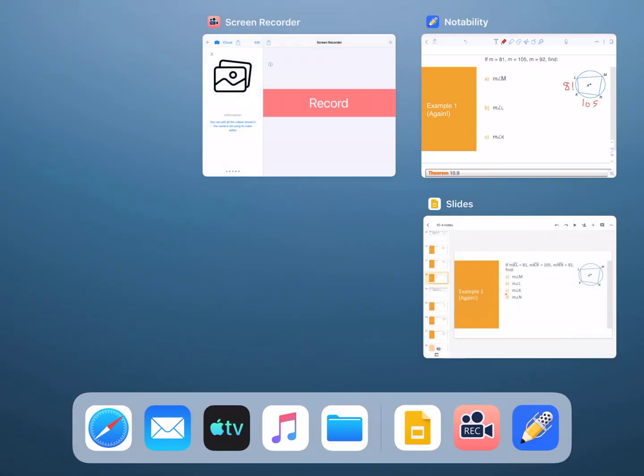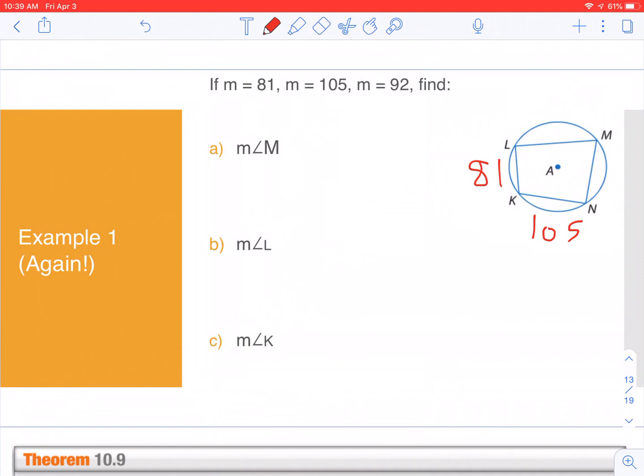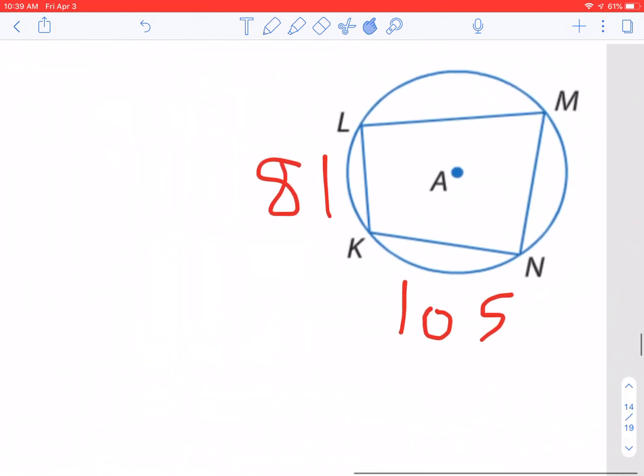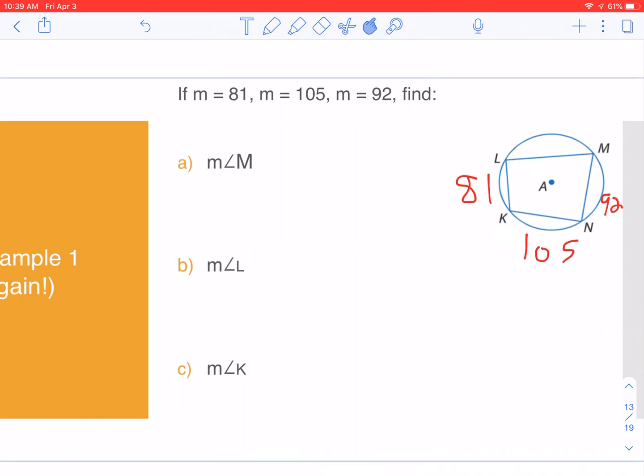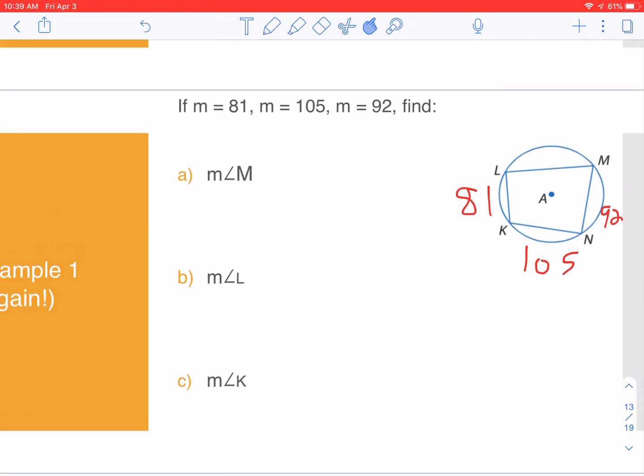I think that's right. KN. Yes, and MN is 92. Which I'm going to zoom in. 92. Okay. And we're going to find these three measurements. We're going to find the measure of angle M, we're going to find L, and we're going to find K. All right. So let's find angle M. I'm going to highlight it.